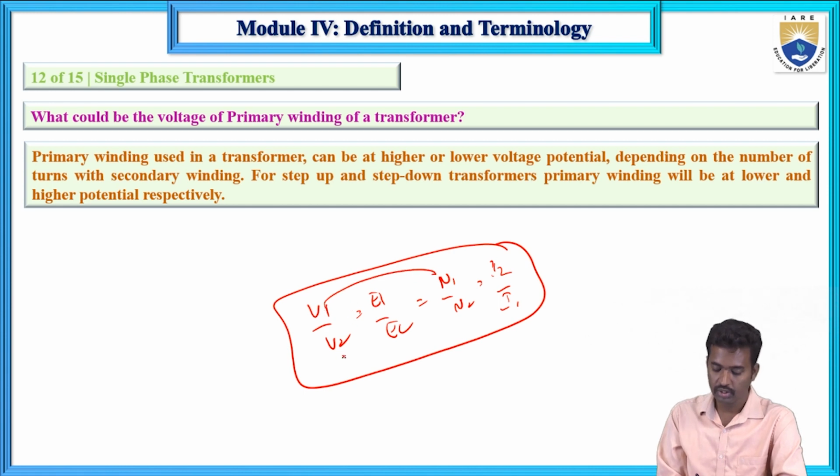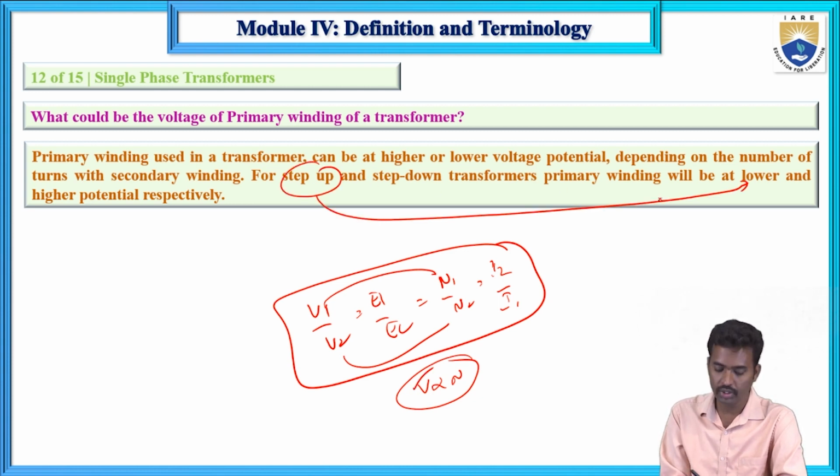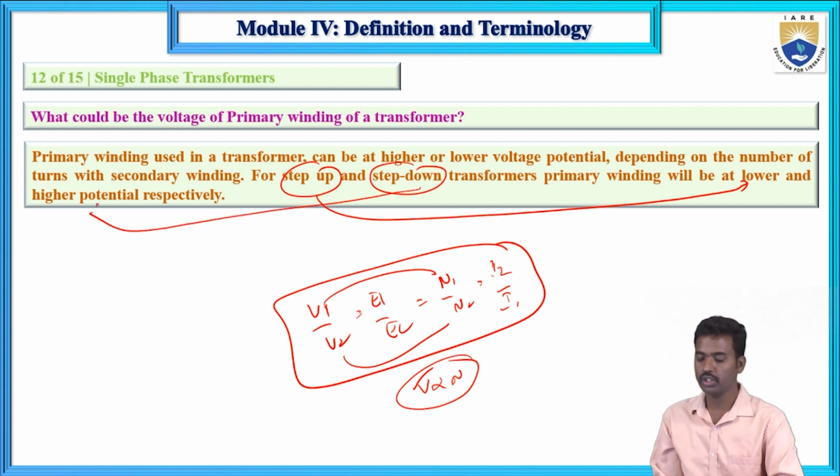Voltage is directly proportional to the number of turns. For a step up transformer the primary voltage is lower, and for a step down transformer the primary is at higher potential.